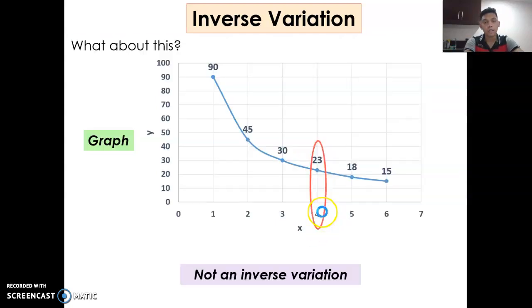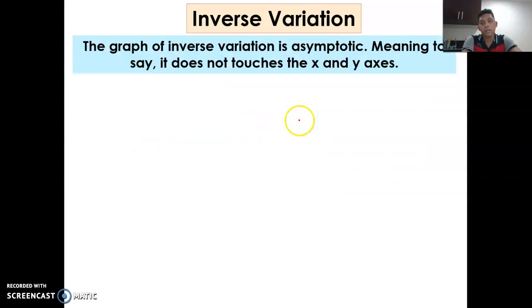Because the product is not 90. So therefore, this graph doesn't represent an inverse variation. The graph of an inverse variation is asymptotic, not asymptomatic. Meaning to say, it doesn't touch the x and y axis.